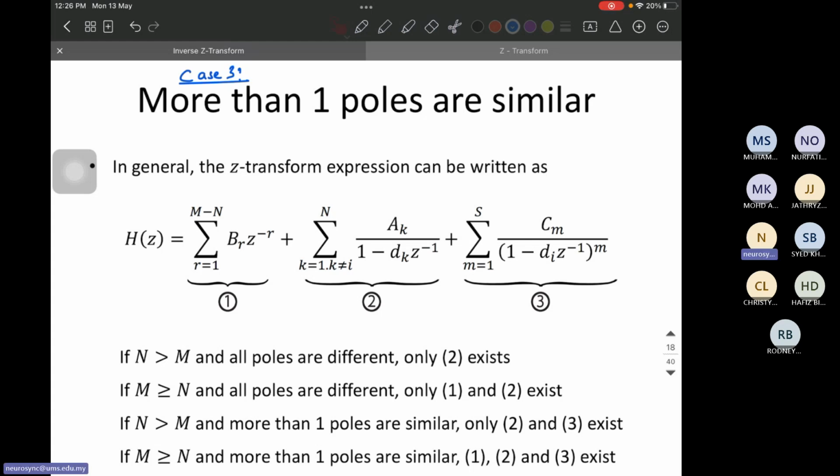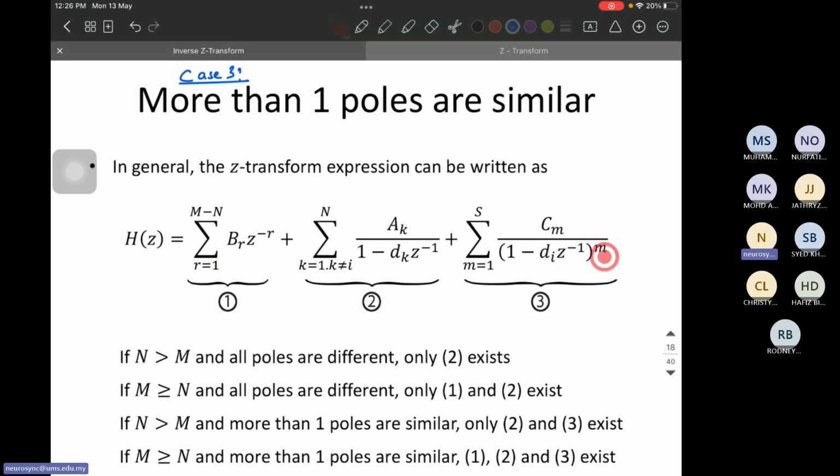Now, two or more poles are similar means this third case. Where if two poles are at the same location, then we will write the polynomial like this: 1 minus d_i z inverse to the power m.